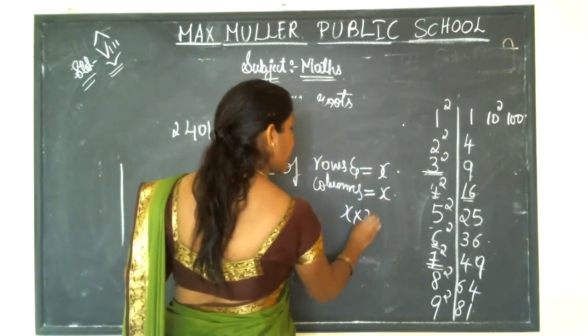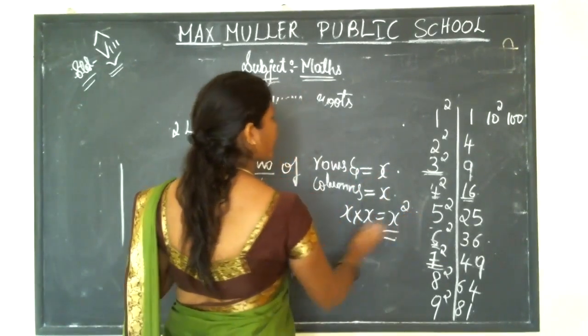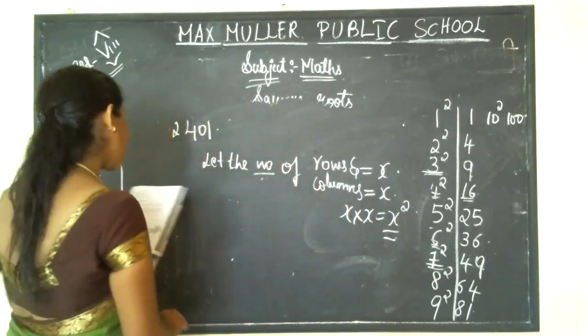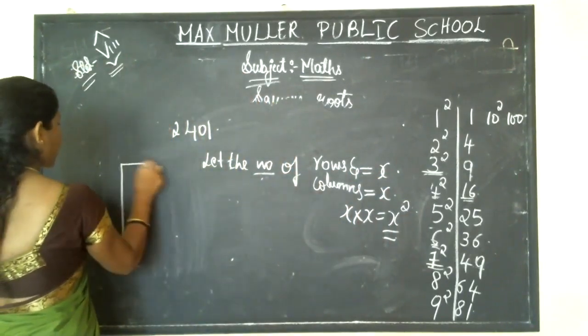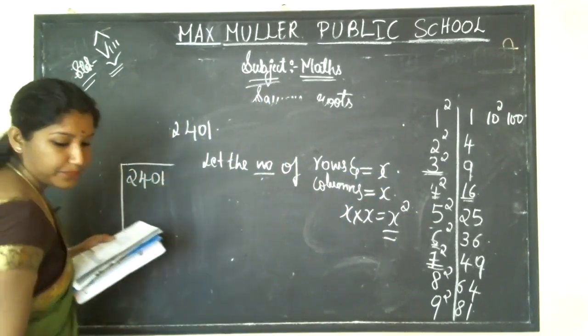So X into X becomes X square. The number of students in rows and columns is X square. You don't know X, so you have to find it by the division method for 2401.